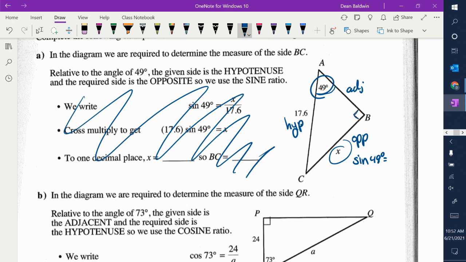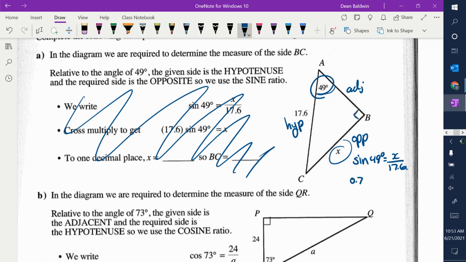What side over what side? x over 17.6, opposite over hypotenuse. All right, sine of 49 is some number. You have to punch it in your calculator. 0.75, I'll just round to 2 decimals. Everybody agree with that?